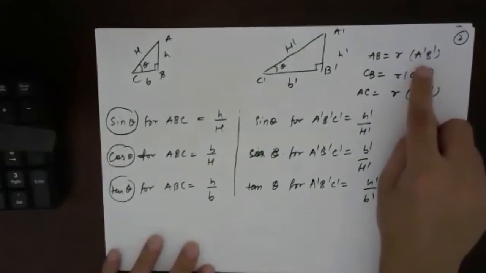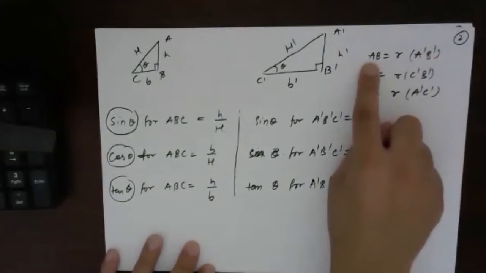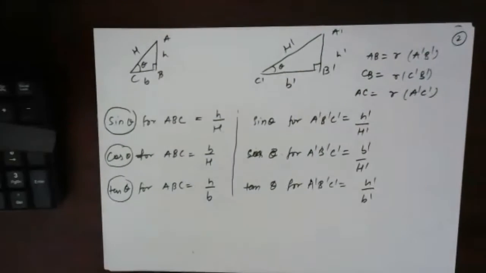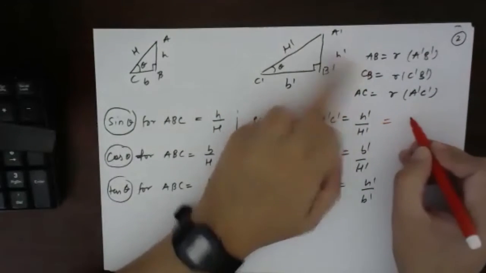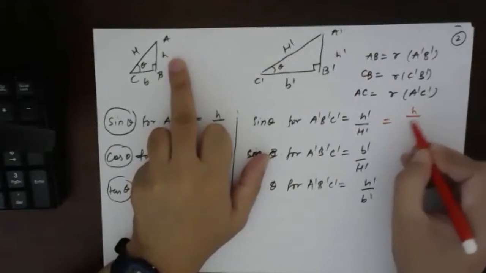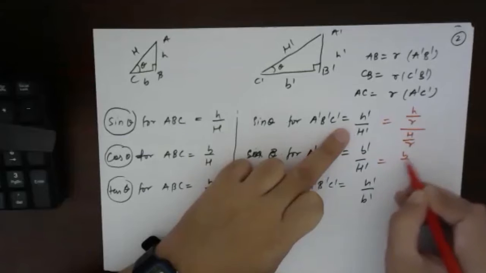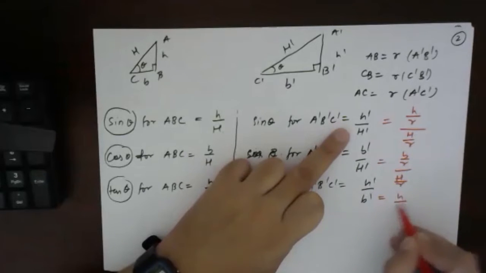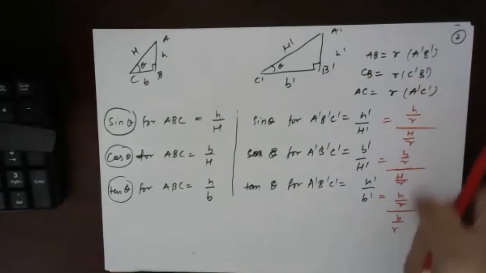Now A dash B dash is nothing but h dash, so instead of h dash, I can write AB. h dash is nothing but h by R, and this is nothing but capital H by R. This is nothing but b by R, and this is nothing but capital H by R. Using this similarity, I have just converted these.